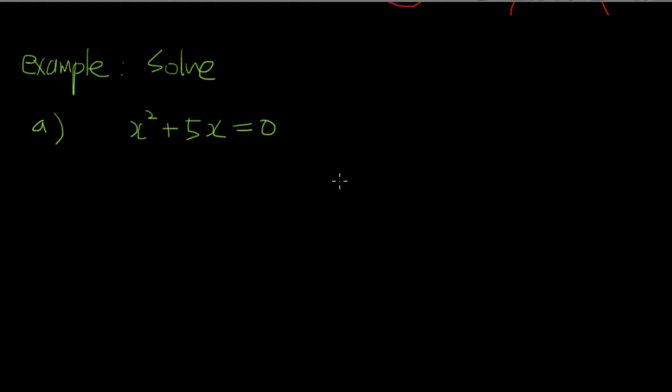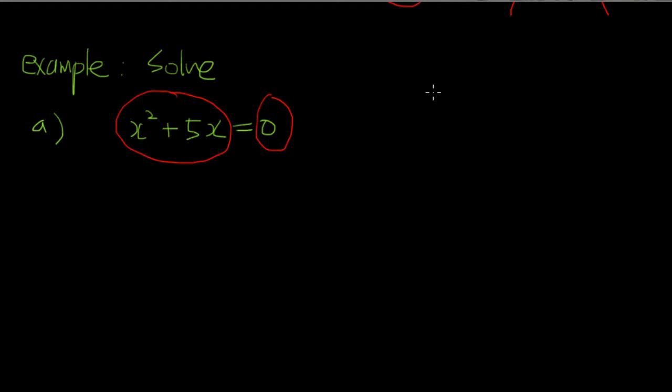X squared plus 5x equals 0. Well, before we actually jump in and start to figure out this solution, let me give you a little bit of other background. What we are looking for is this side should be equal to this side, right? That's what we are looking for. X squared plus 5x equals 0. That means this side should be equal to this side, which is 0.